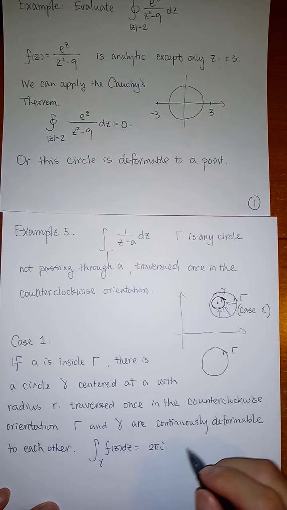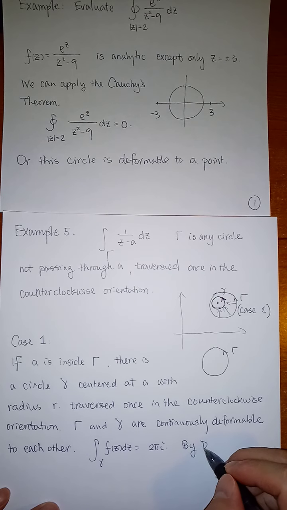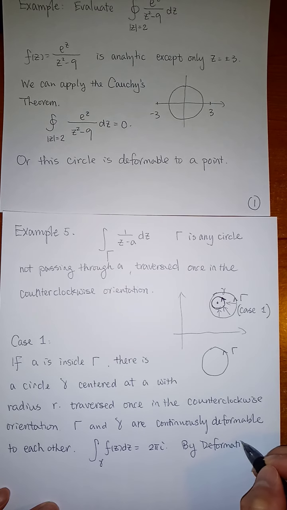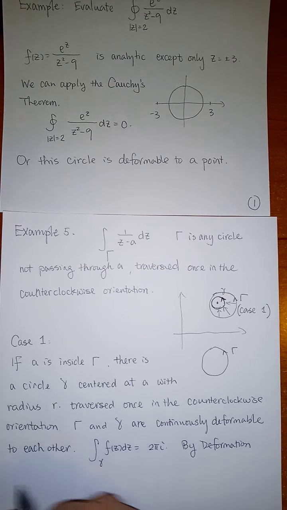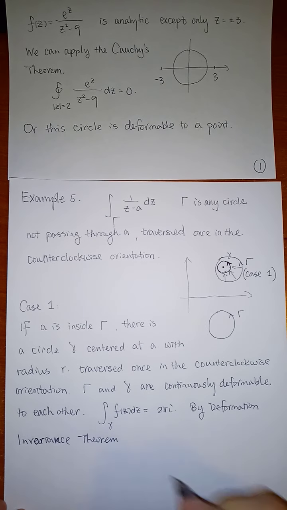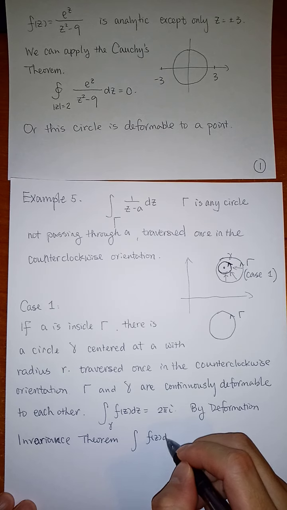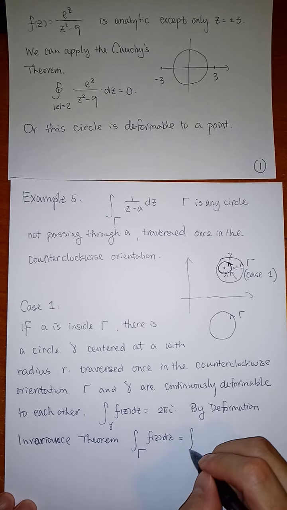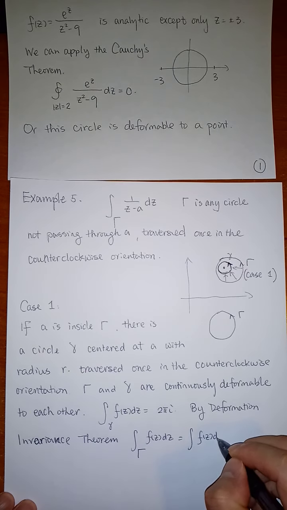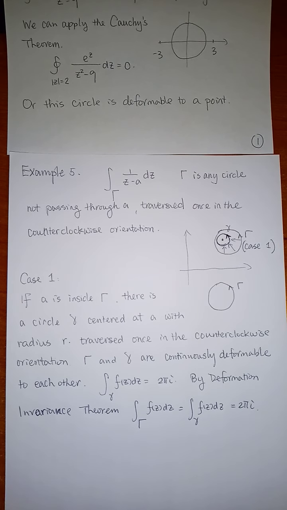And by the deformation invariance theorem, the integral of f z dz along capital gamma is equal to the integral of f z dz over little gamma, which is equal to 2 pi i. So when A is inside gamma, it's equal to 2 pi i. It doesn't matter where you place this capital gamma.